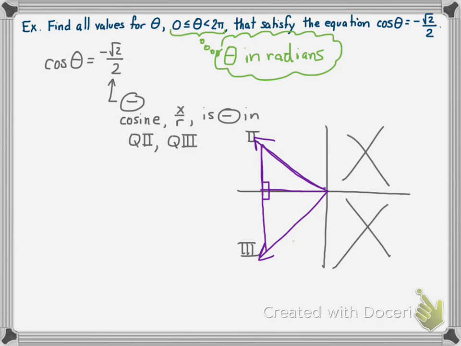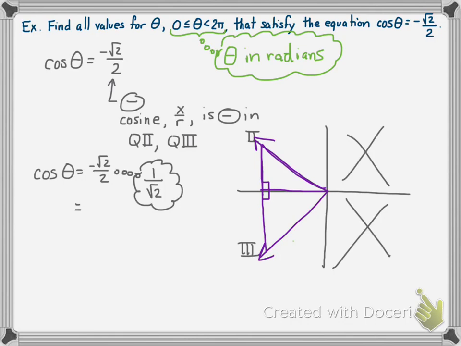All right, the next thing I want to think about is that we are told that cosine of theta is negative root 2 over 2, but I recognize this number, at least the root 2 over 2 part, and I know that root 2 over 2 comes from the rationalization of 1 over square root of 2. So root 2 over 2 is the same as 1 over root 2.